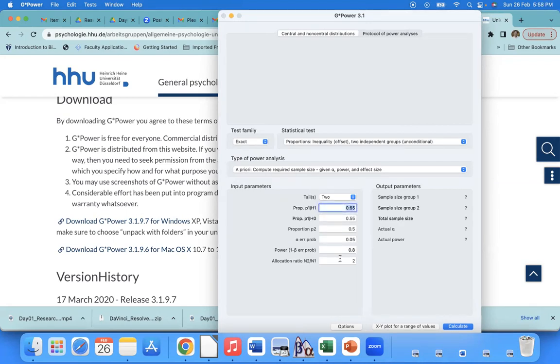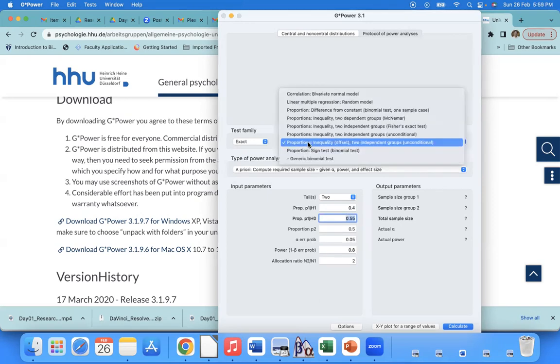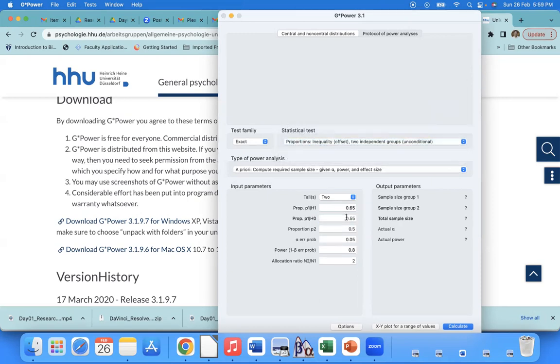Maybe in group 1, 40% have the outcome, 0.4, and in group 2 you put another proportion.